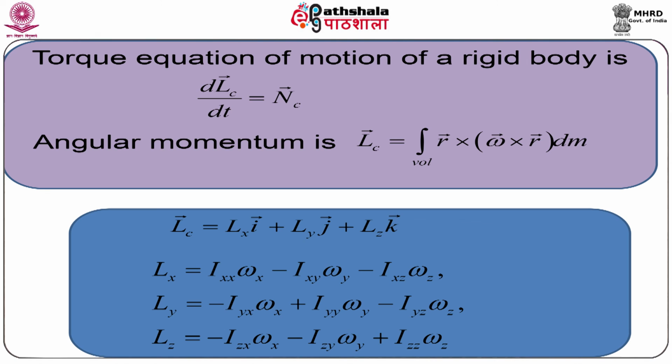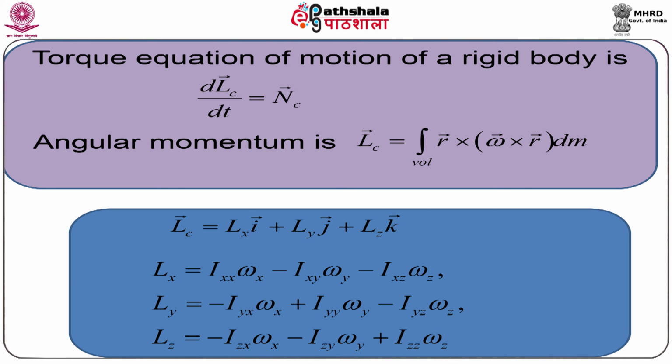L suffix y equal to minus capital I suffix yx into omega suffix x plus capital I suffix yy into omega suffix y minus capital I suffix yz into omega suffix z, whereas capital L suffix z equal to minus capital I suffix zx into omega suffix x minus capital I suffix zy into omega suffix y plus capital I suffix zz into omega suffix z.